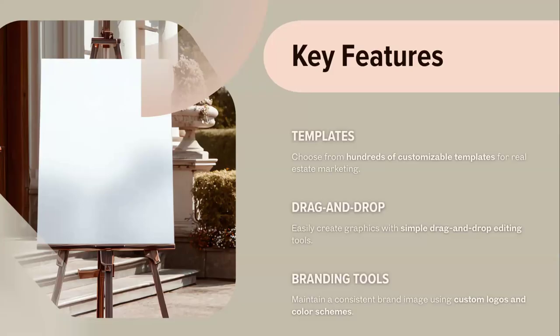It's very easy to use, drag and drop. You can create graphics, and it has editing tools and branding tools. So if you want to dip your toe into creating a custom logo and color schemes, you can do that as well. It's really any type of design need that you could think of. Canva has it all.